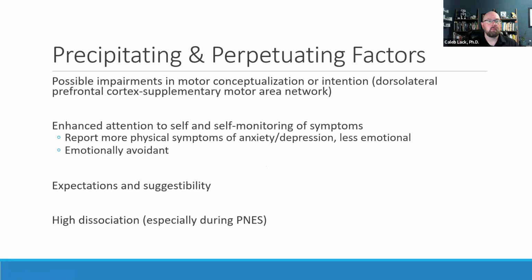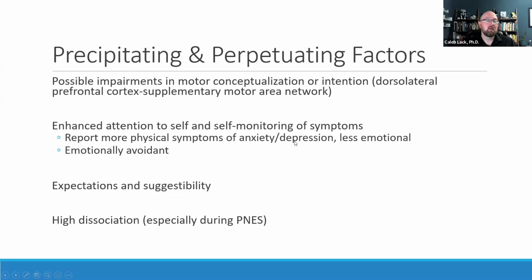And then precipitating and perpetuating factors are something that we really pay attention to because these are things that we could potentially change during treatment, right? We've got a lot of research on both the biology that's being disrupted as well as the psychology.